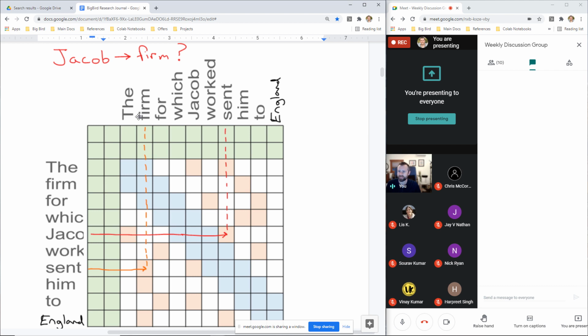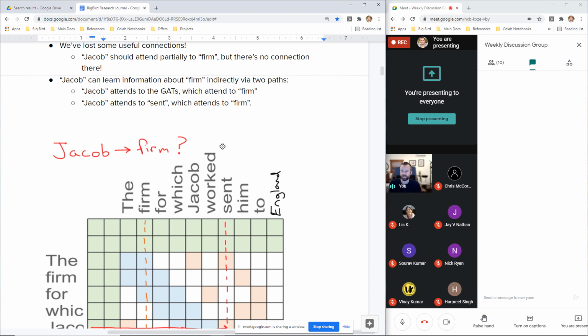Jacob doesn't attend to firm, but the word sent attends to firm. So the token for sent gets to pick up some information from firm in one layer. And then in the next layer, Jacob does attend to sent, so Jacob gets to learn some information about firm from the sent token.